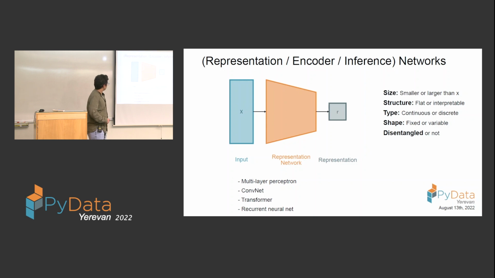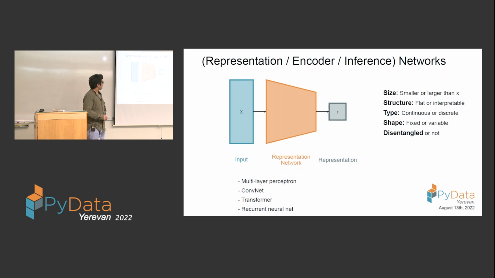Let's say you have an input X, this representation can have different sizes. It could be smaller or larger. Here we wanted a smaller type of representation, just a compact representation, as I mentioned in the example. Or in some cases you can have larger. What is the structure of this representation? For example, the representation could be just numbers that are not interpretable when you look at them, or the output could be strings that you can just see and understand what they mean.